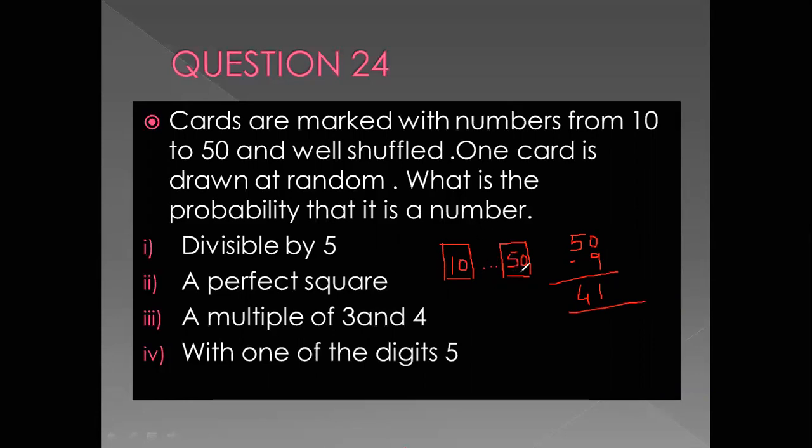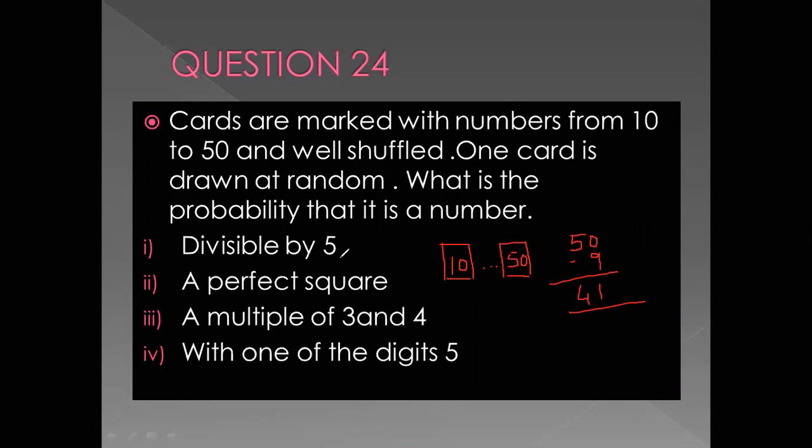So 10 to 50, that means 9 cards are removed. So 50 minus 9, you get the sample space as 41. Okay, children. So now these 41 cards are the sample space, that is n(S) is 41.